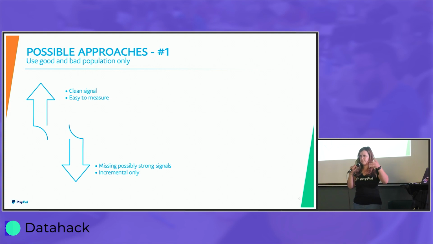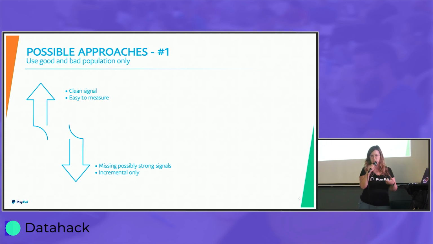We know that the declines population, that affected population, is a relatively bad population, and if we're ignoring it, we may miss the exact signals we want our model to train on. That would mean that we will offer only incremental value. We'll be able to catch cases never caught before, but not necessarily cases that were already caught.